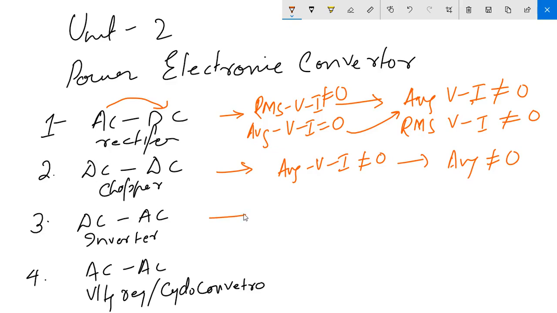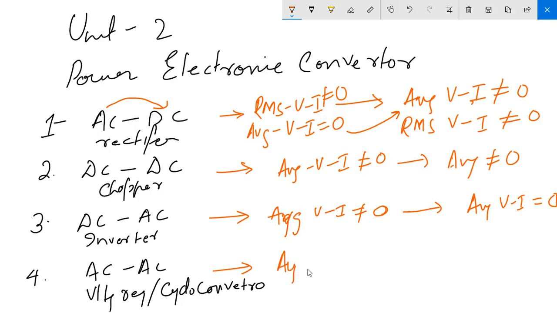What about DC to AC? For a DC to AC conversion, on the DC side the average value is not equal to 0, but for an AC waveform the average value of V and I will be 0. And the last one, AC to AC converter: on both sides the average value will be 0.